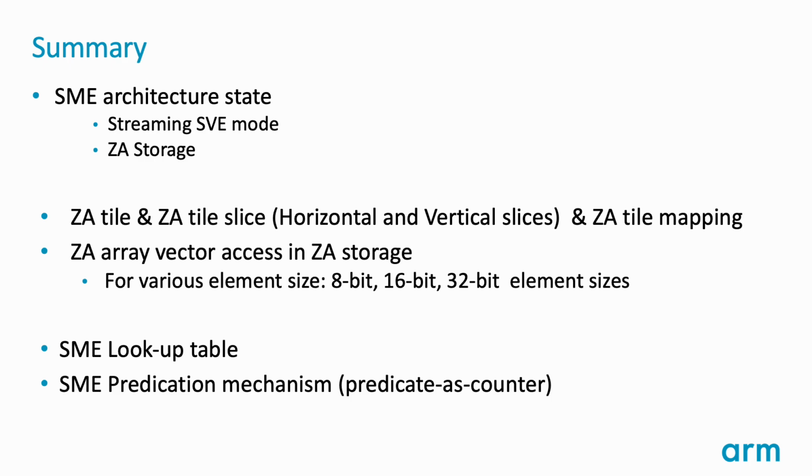The objective was to introduce all of you attending the training to the SME architectural key features like streaming SVE mode and ZA storage, how it can be used in the application, and how the data can be accessed in the ZA storage as a vector, as a tile, as a horizontal slice, vertical slice, etc. for different element sizes. We also covered the SME lookup table and the SME predicate as counter mechanism.